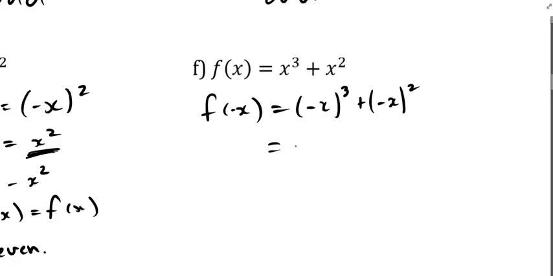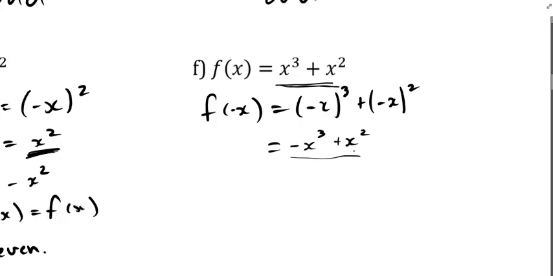This gives me negative x cubed plus x squared. Everybody okay with that? I can see right away it's not the same as f(x), right? f(x) is positive x cubed plus x squared. This is negative x cubed plus x squared. They're not the same function.